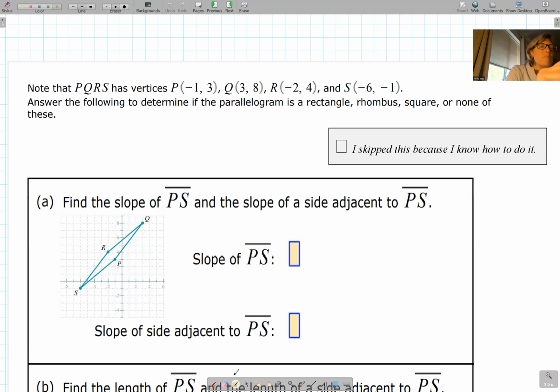You're going to be given some sort of quadrilateral, PQRST with the vertices. I recommend you write these vertices down with the numbers where they belong, right on the graph. Or if you're doing this freehand, make a quick sketch with these numbers.